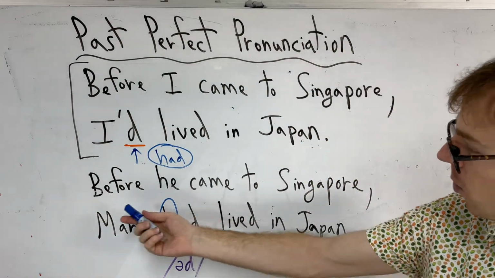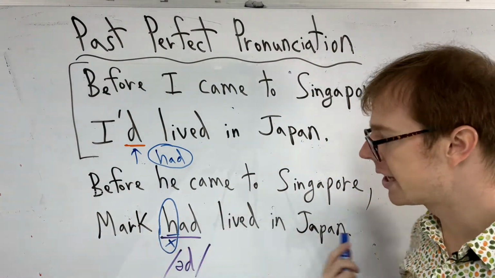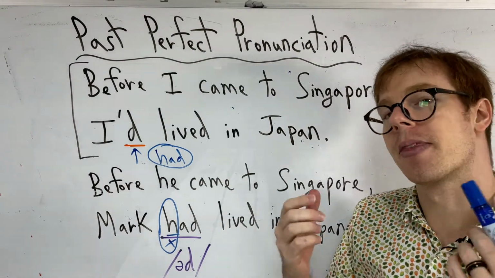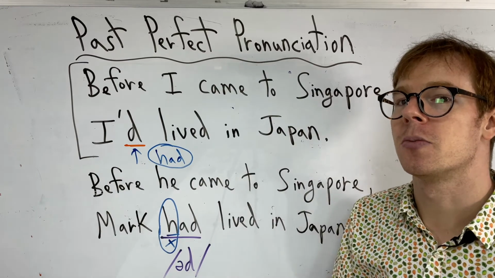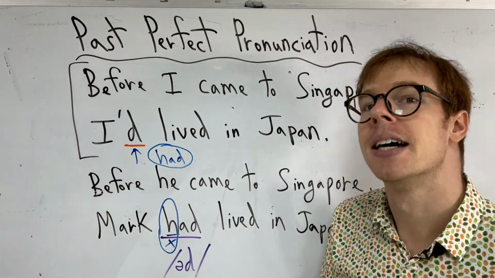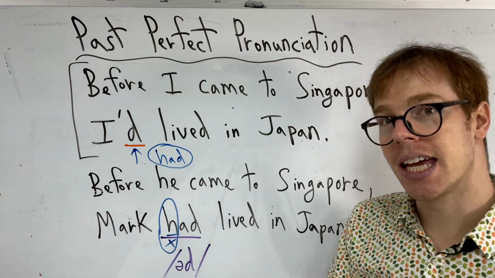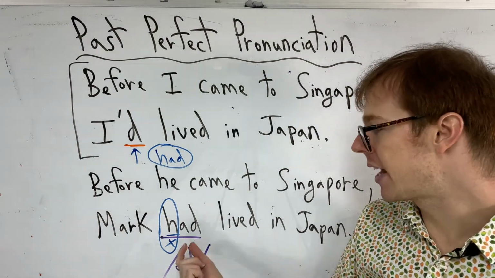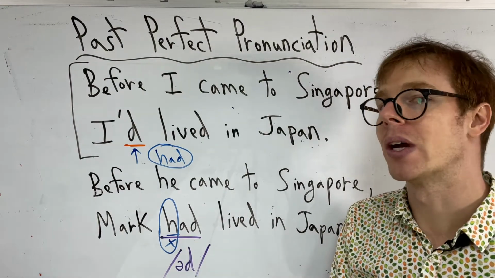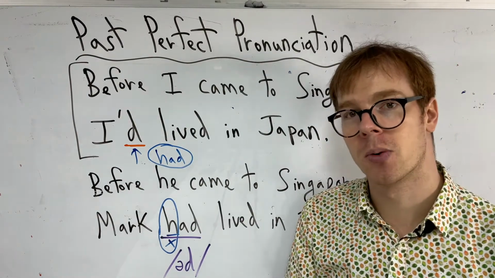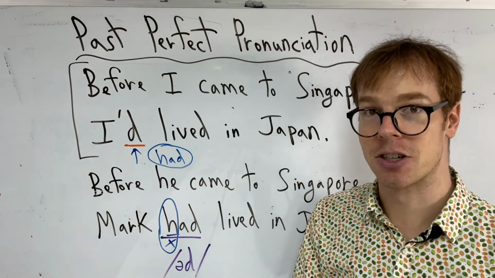Before he came to Singapore, Mark had lived in Japan. So that's that sound. I really want you guys to make sure you listen closely. Listen for the Mark had, he had, he'd. We have to hear that D sound, but the H sound we don't hear when we're speaking fluently, natively in English.